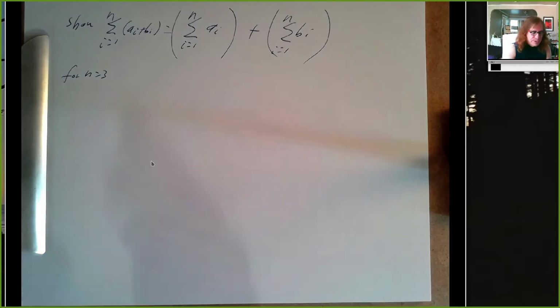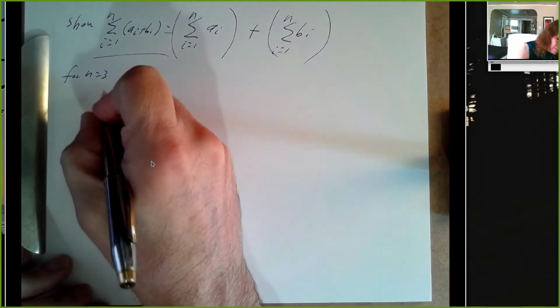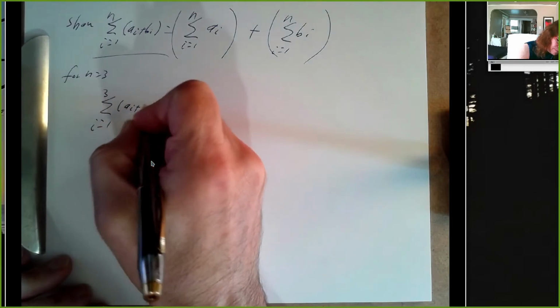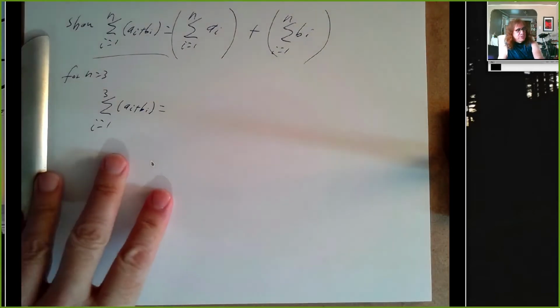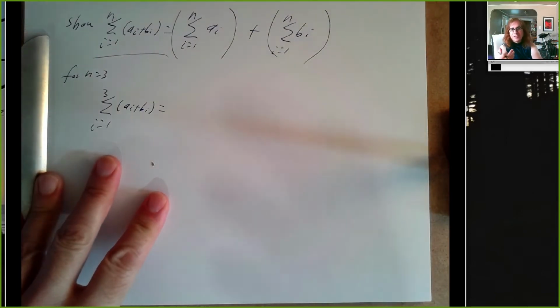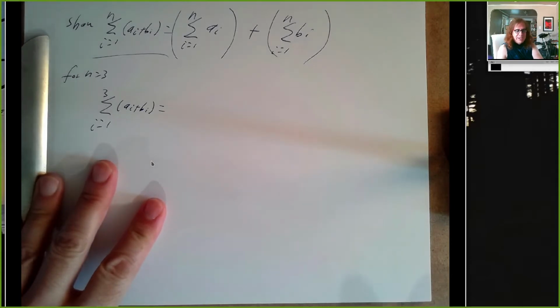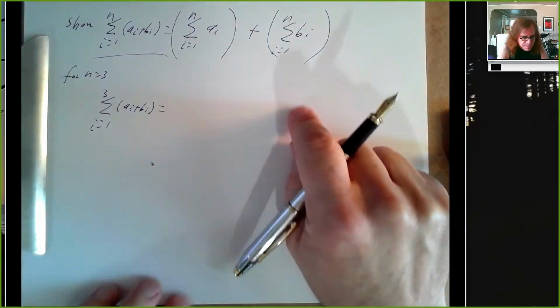But what we can do is we can start with, say, the left side. And we can write down things that this is equal to using what we know about arithmetic and summations, and in particular commutativity. And if we eventually show that this is equal to that, then we're done.